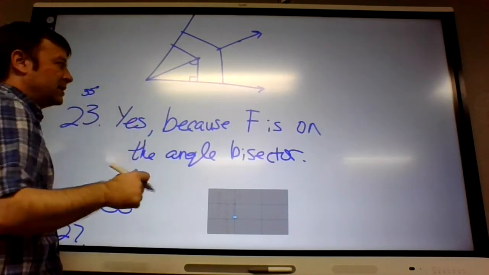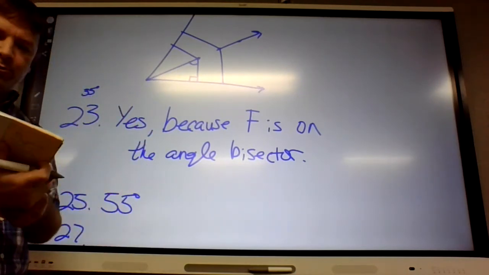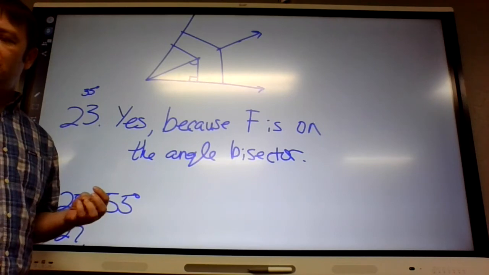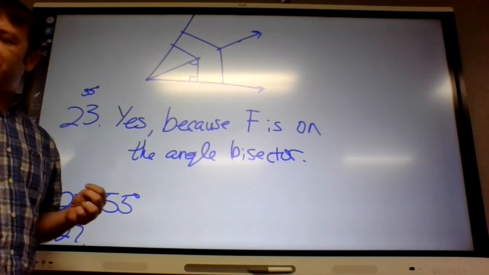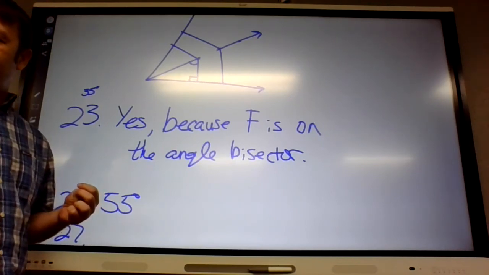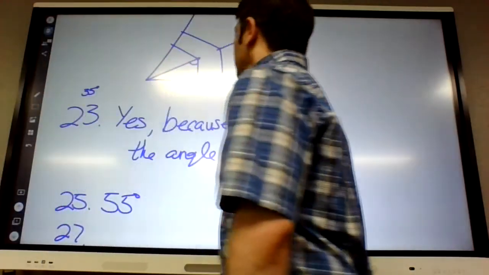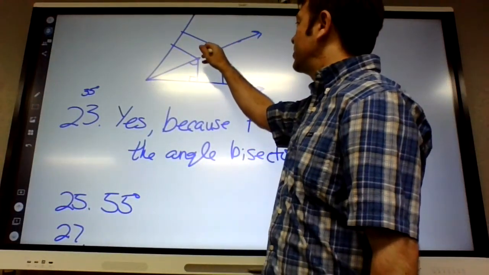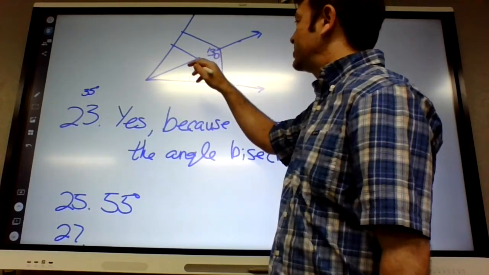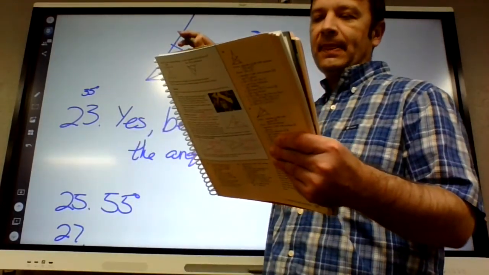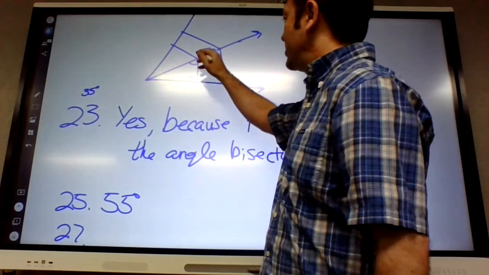Alright, the next one, 27 says, AGE, do you guys see AGE in the picture? Is 130. Earlier, you know how we said G has to be on the angle bisector?